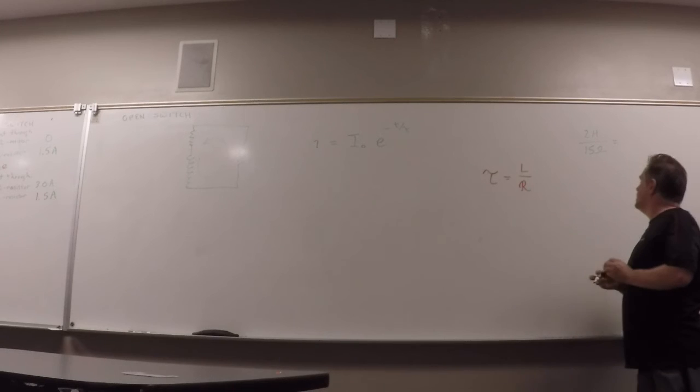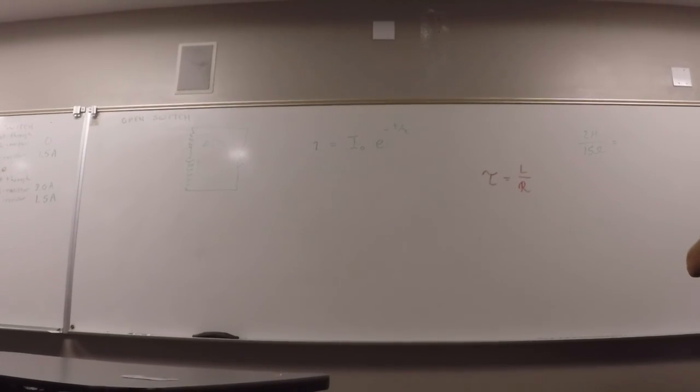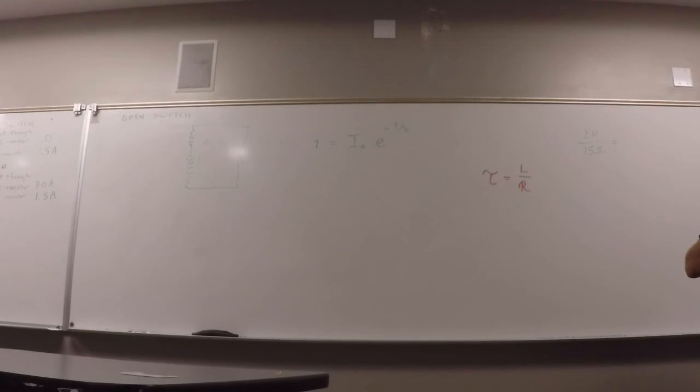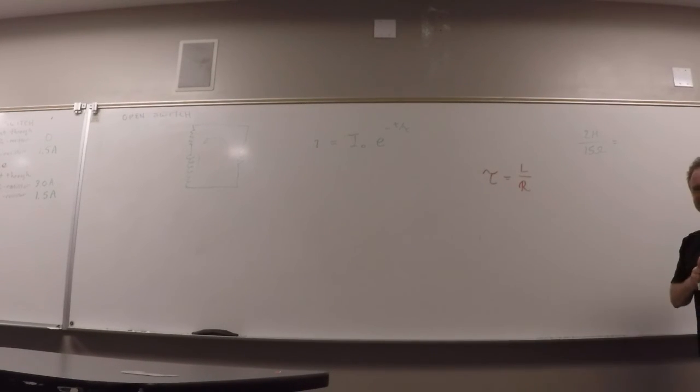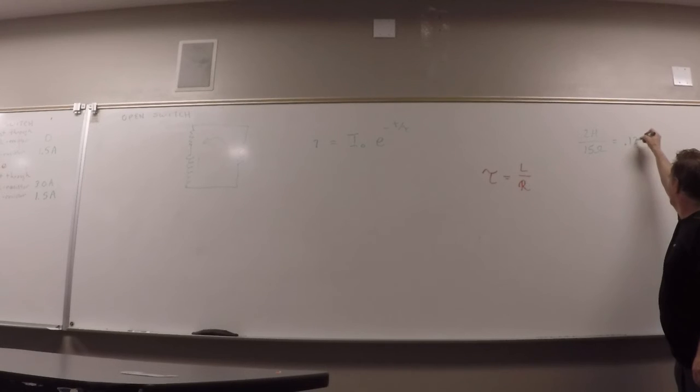So this time constant is going to be, what is that? Somebody divide that and tell me what it is. 0.133.